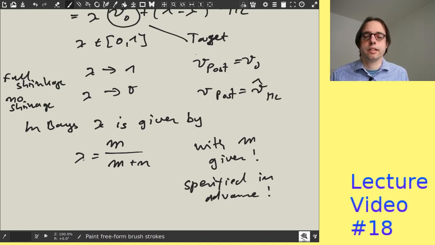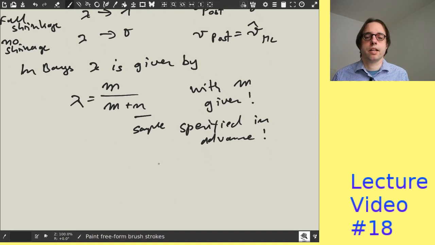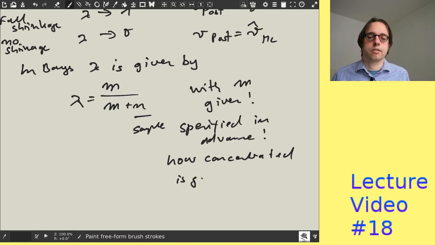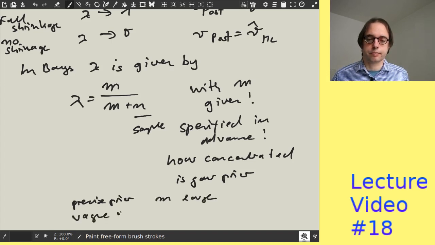Obviously n is fixed, so this is our actual sample size, that's data, and m is related to how concentrated the prior is. If you have a precise prior, m is large, and if you have a vague prior, m is small.